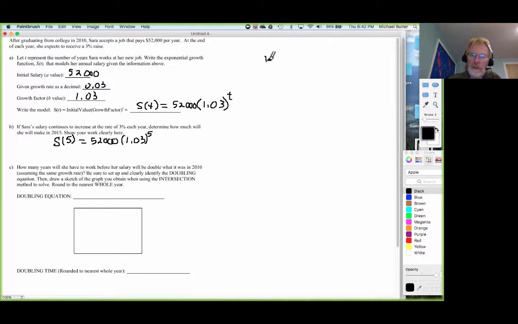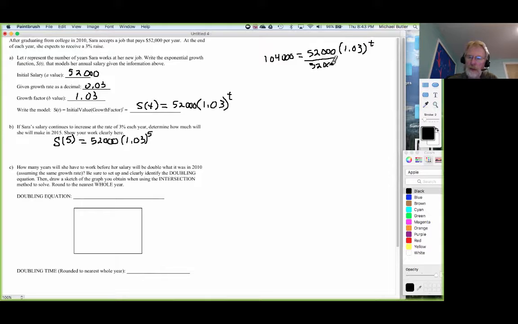So that means you're solving the equation 104,000 is equal to 52,000 times 1.03 to the T. And after you've done these for a while, you can skip this step. But at first, to wrap your head around what's going on, I recommend you do this a couple of times. So now I want to isolate the 1.03 to the T by dividing both sides by 52,000.